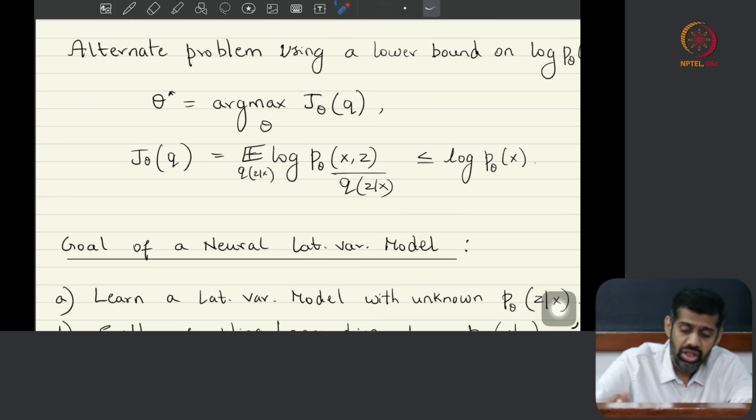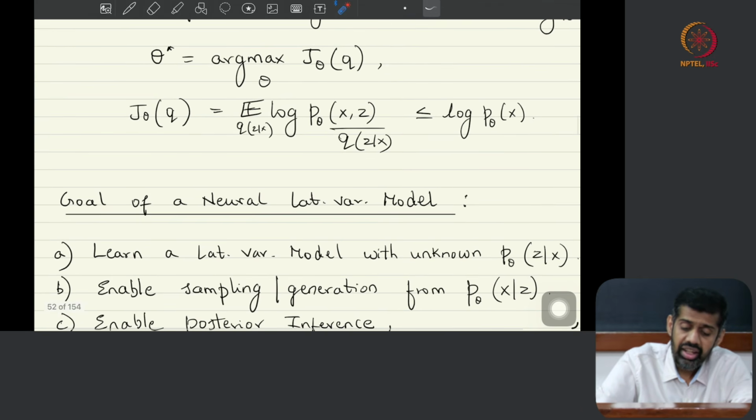Now, in any latent variable model which is optimizing for the lower bound on the log likelihood, the objective is twofold. One, we need to maximize the evidence lower bound with respect to the model parameters theta, and simultaneously we need to find the optimal variational latent posterior.